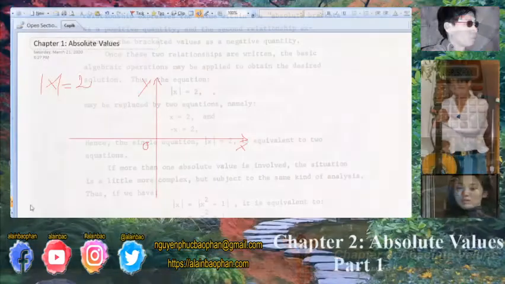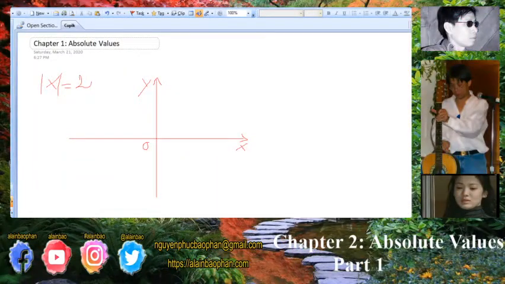Let's see how I demonstrate on the exercise. So x equal 2 right here, then the first equation will be x equal 2 and minus x equal 2.